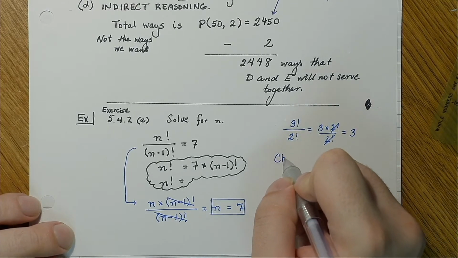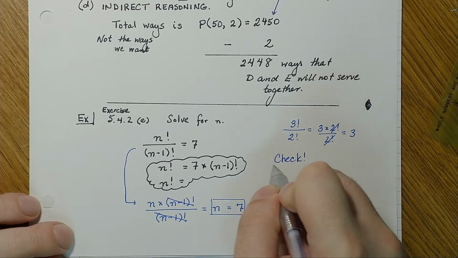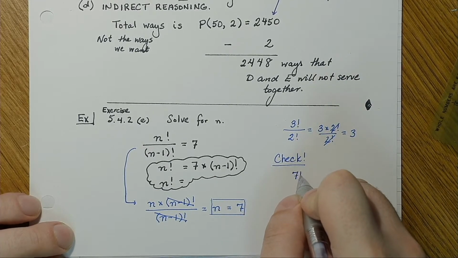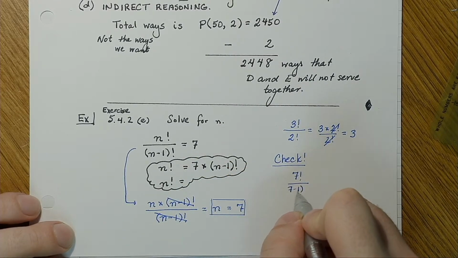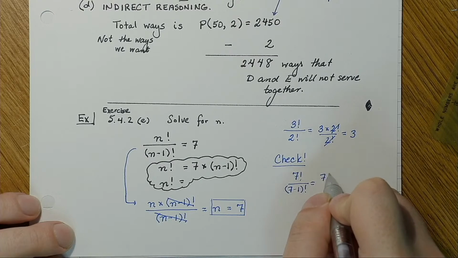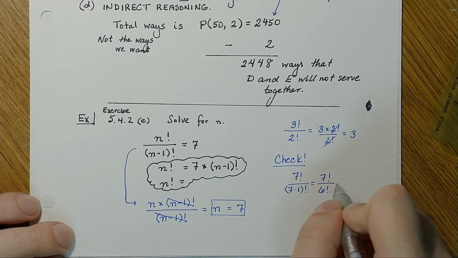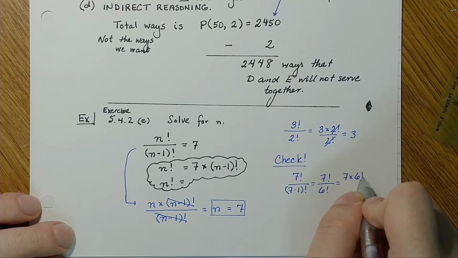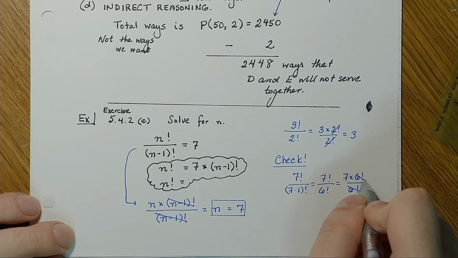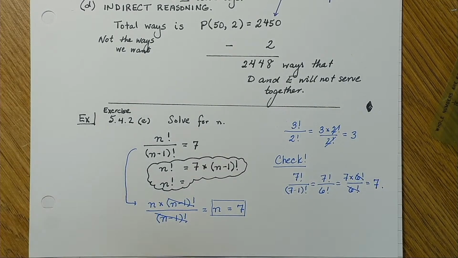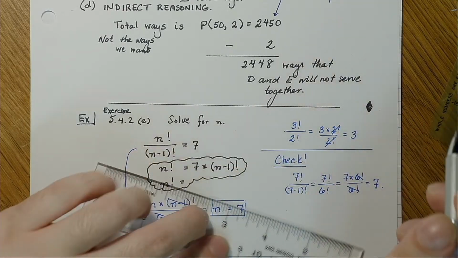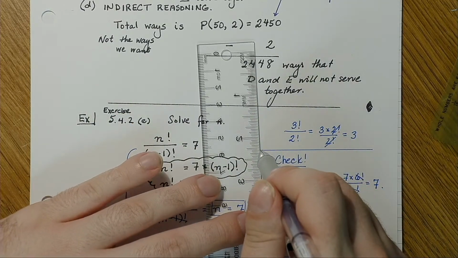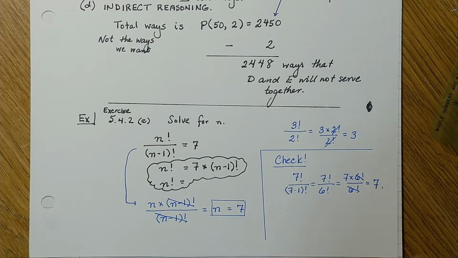So as a check, I can do 7 factorial over 7 minus 1 factorial, which is 6 factorial. 7 times 6 factorial over 6 factorial equals 7. Okay.